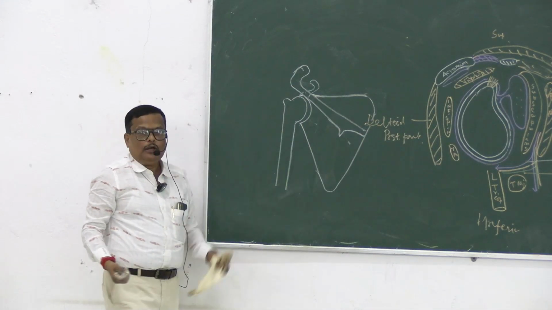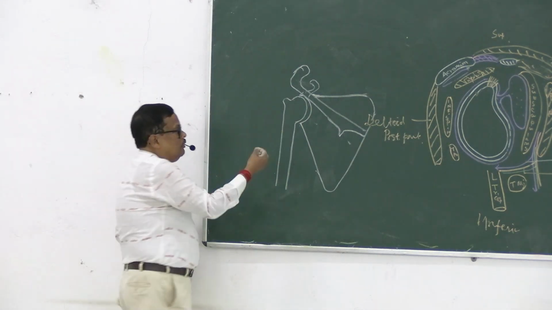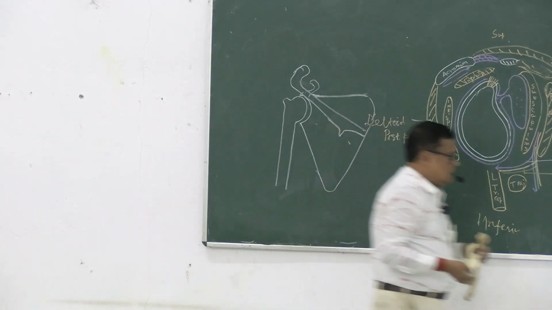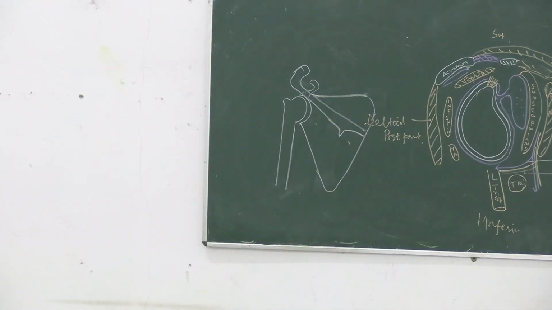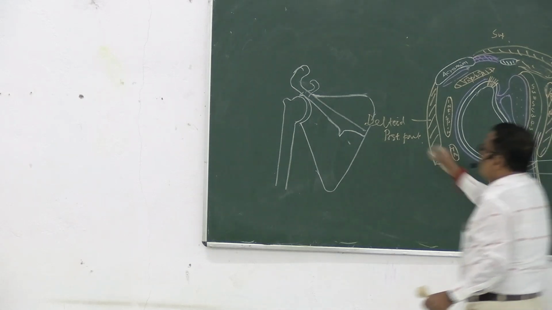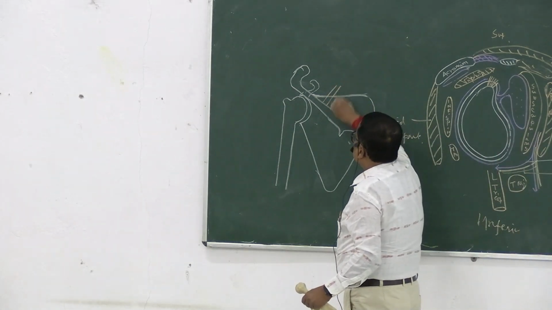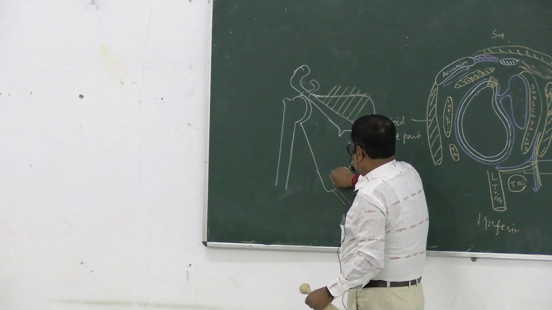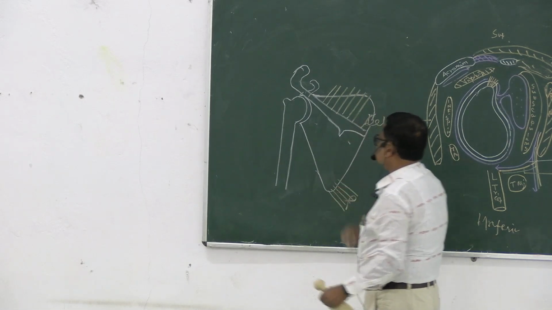So this is the scapula. So here is an attachment of the two muscle. Trapezius muscle and এইখানে serratus anterior muscle.